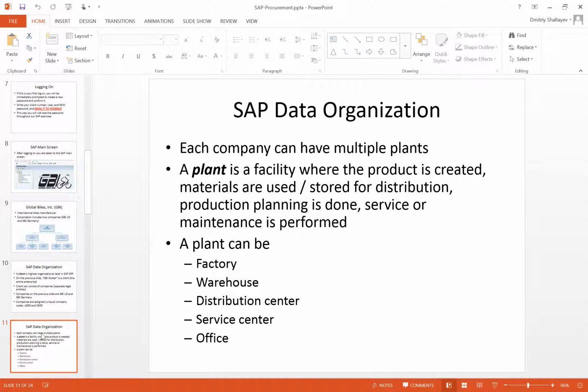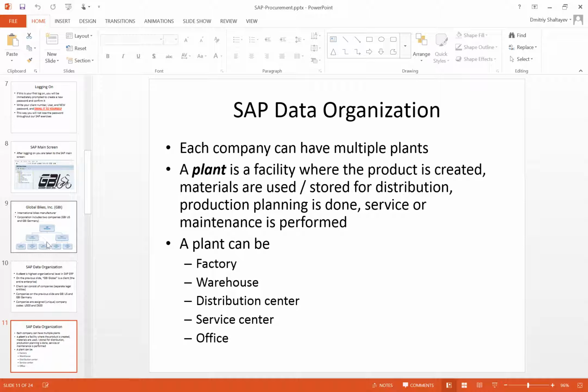All right. Refining that even further, every company can have multiple locations where they operate. Locations are called plants under the SAP data organization. So a plant can be anything. It can be a physical plant, the actual plant where the product is being manufactured, produced, stored. It can be a distribution facility, such as a distribution center or warehouse.